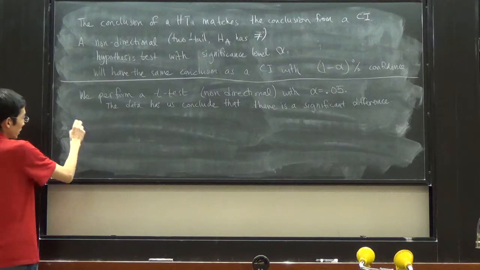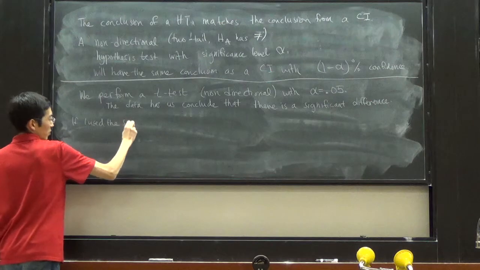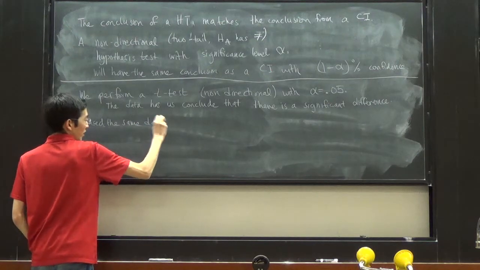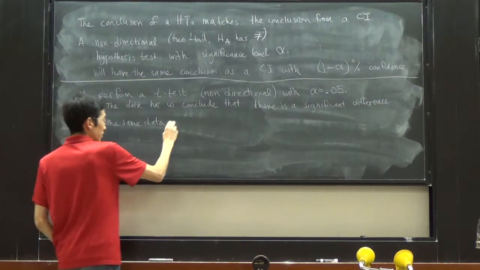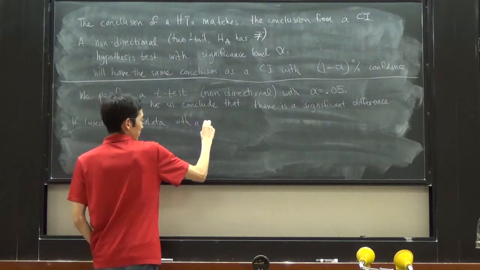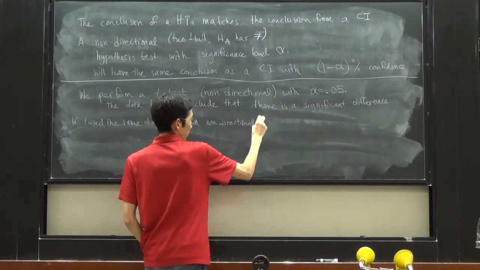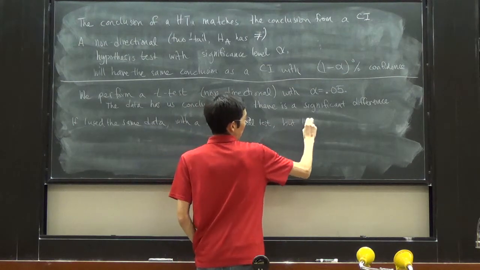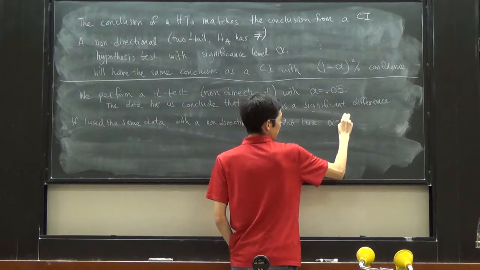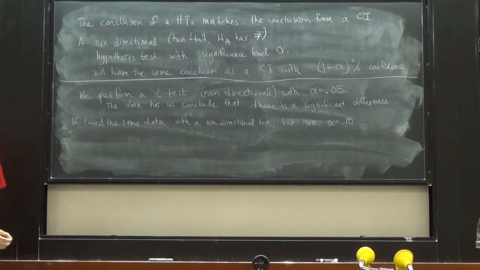Let's say I use the same data, doing a non-directional test again, and I use alpha equal to 10%. What would my conclusion be then?